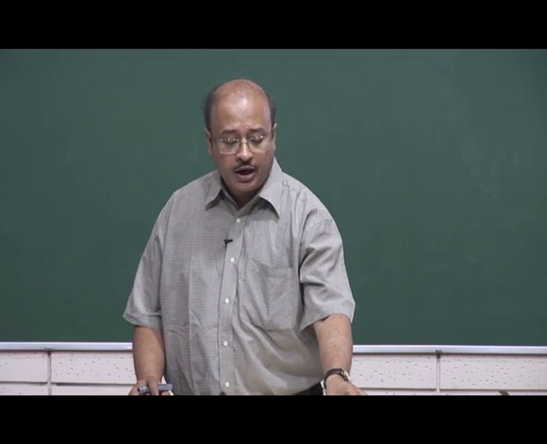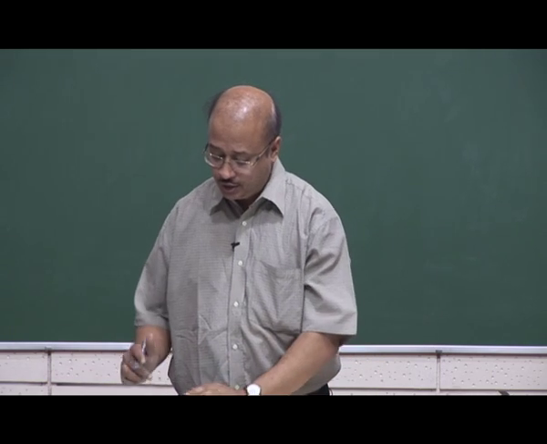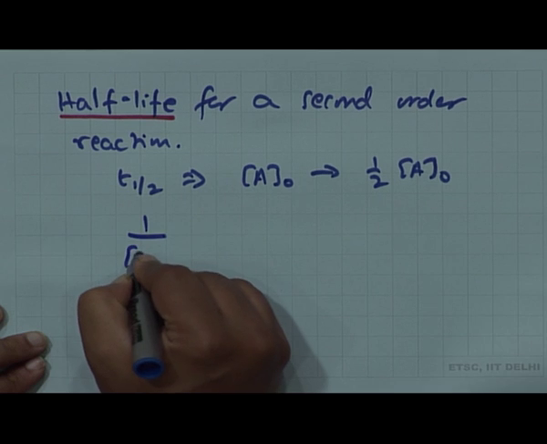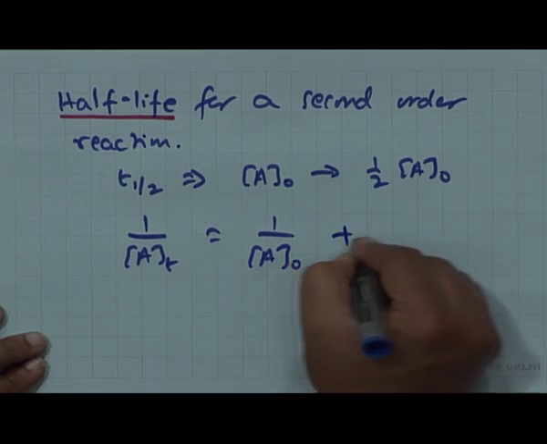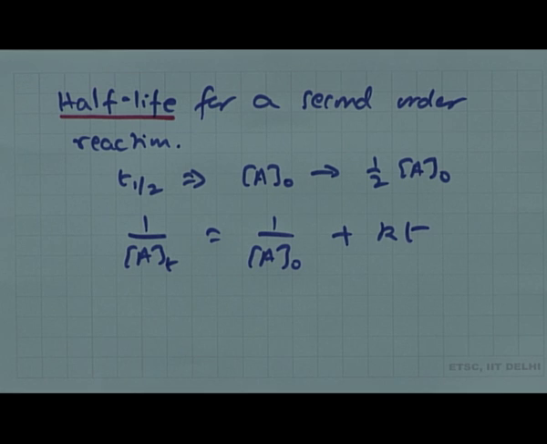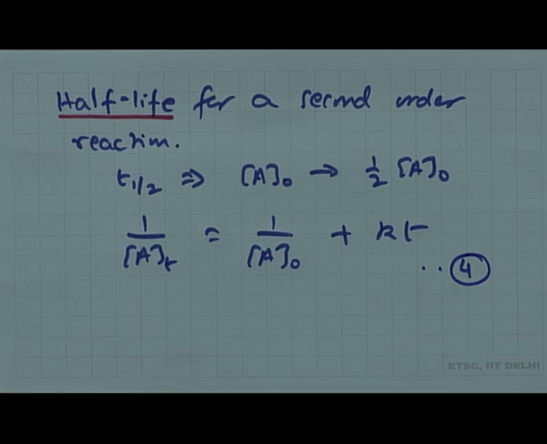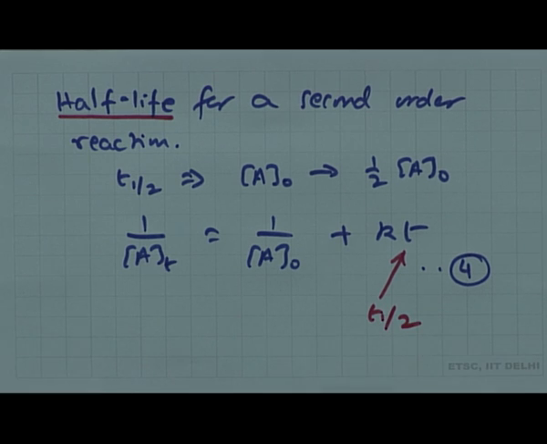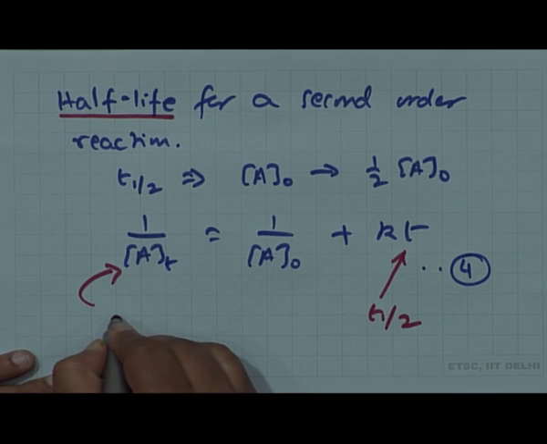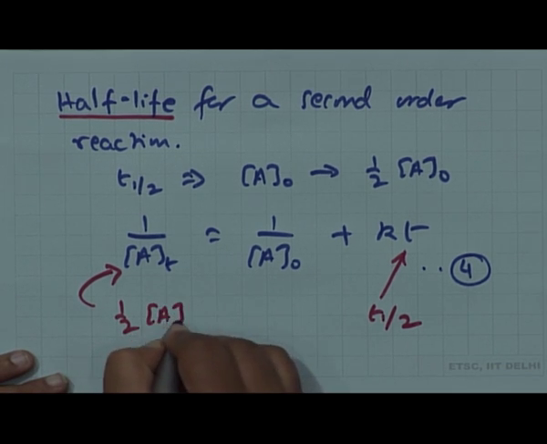So what we will do is, to derive the expression for T half, we will go back to the expression we had from before, K T. So this was our equation 4. So what are you going to do here? Because it is T half, this T becomes T half, we will replace it by T half, right, and this A T at T half is half of A naught.